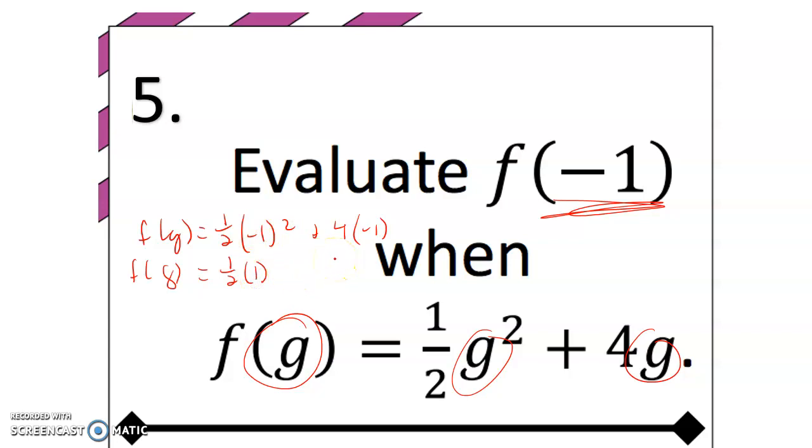And then 4 times -1 is -4. So f of g equals 1/2 times 1 is 1/2. I get 1/2 minus 4. So 1/2 minus 4 is going to give me -3.5.